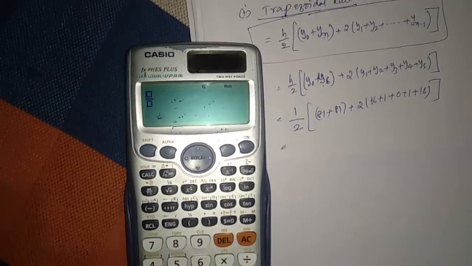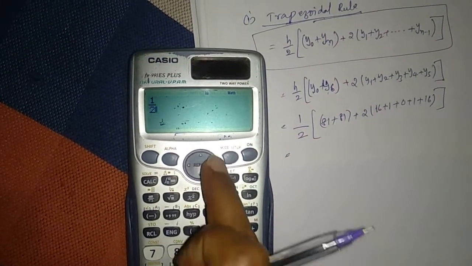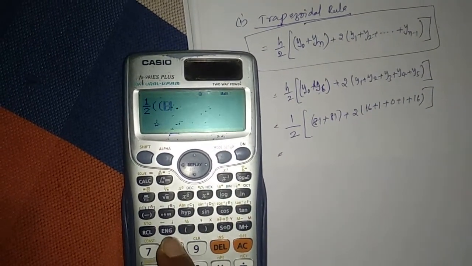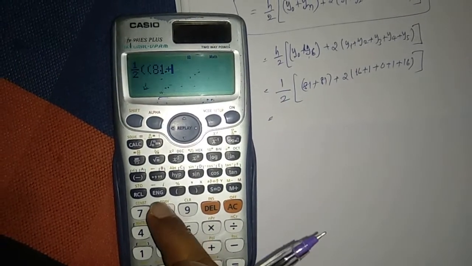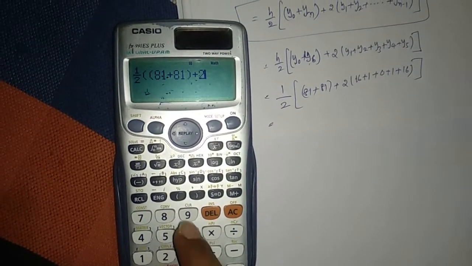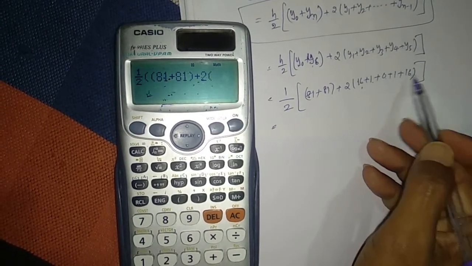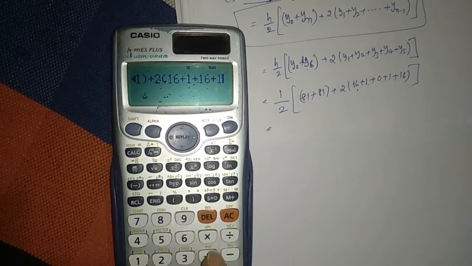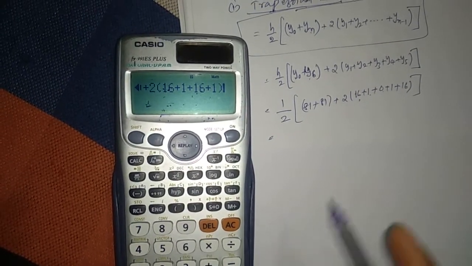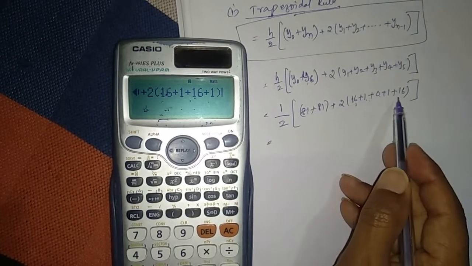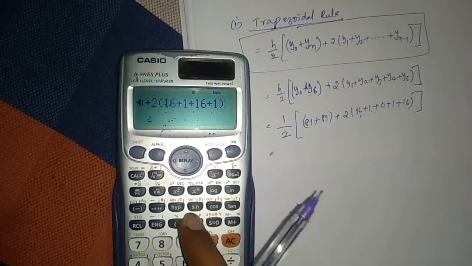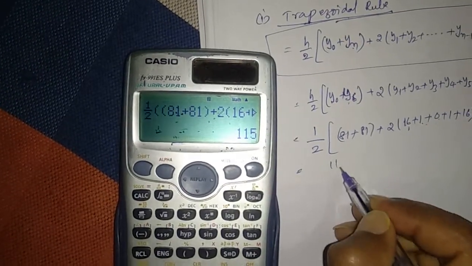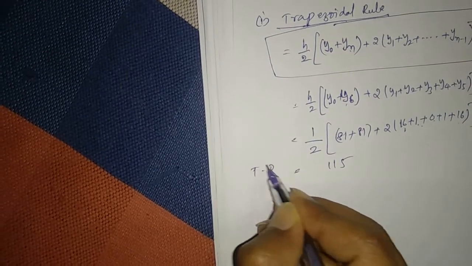Here we can use the calculator: 1 by 2 whole into 81 plus 81 close bracket, plus 2 into 16 plus 1 plus 0 plus 1 plus 16, close bracket, which is equal to 115. This is the trapezoidal rule.